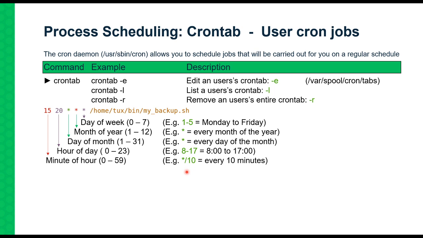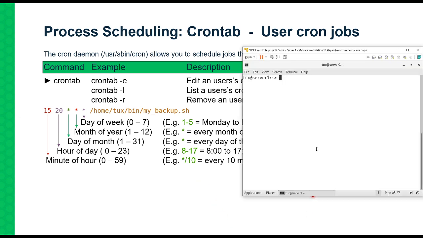So let's quickly see if we can create our own crontab at this stage. Open up our labs. The first command we have to run is crontab -e. Let's do crontab -e. And now we are inside our Vim editor.